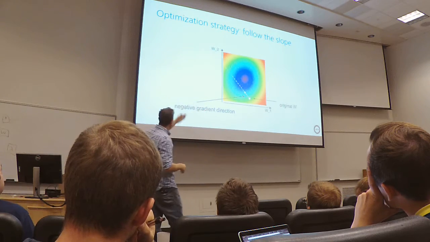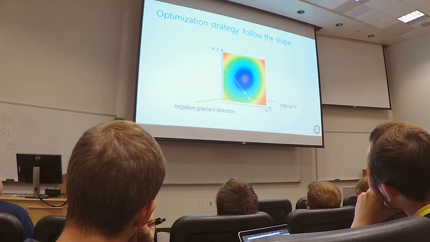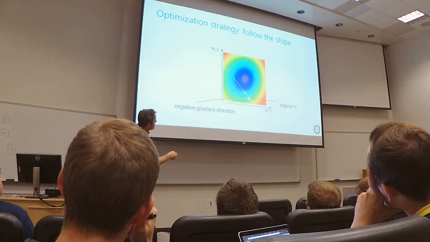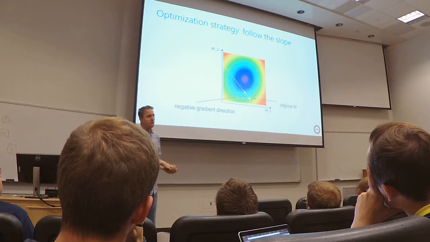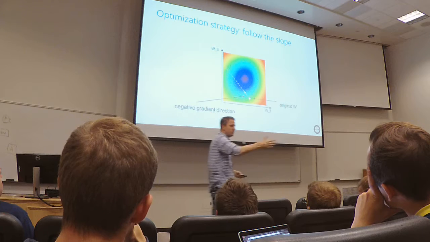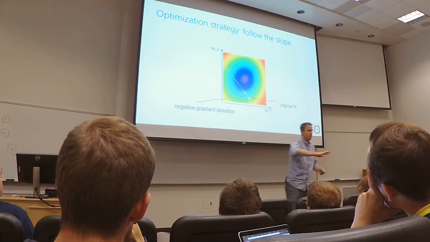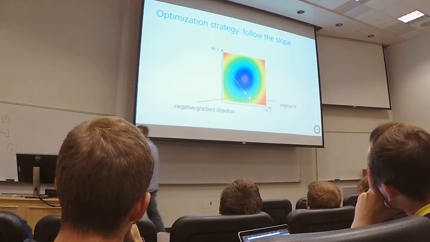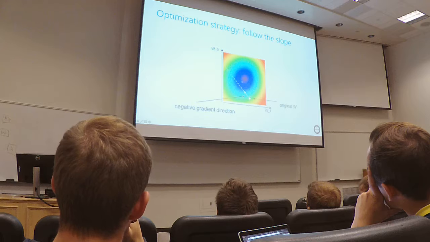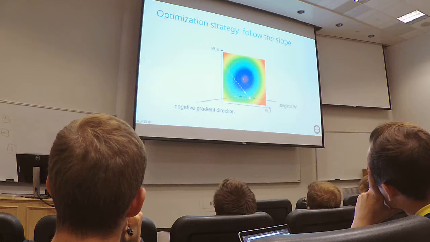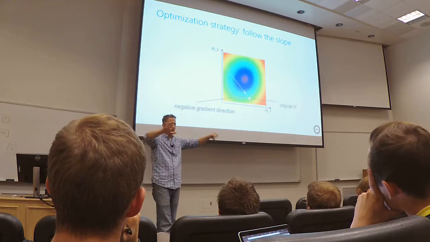You can imagine that the loss function maybe looks like a bowl. Start off maybe here. This is your random initial guess of the weights. What you'd like to do is move around on this surface and try to go lower and lower. The minimum of this function would be right about there in the middle. Does this visualization make sense to you? We're going to show some more of these in just a second.